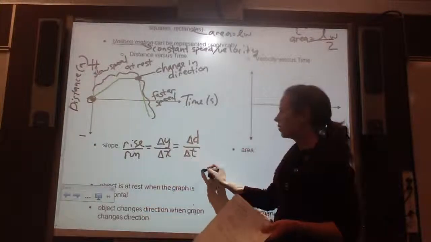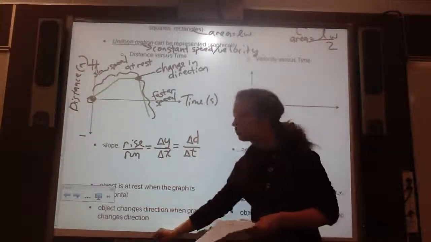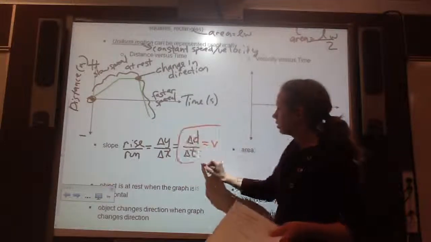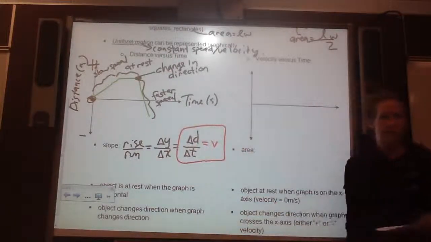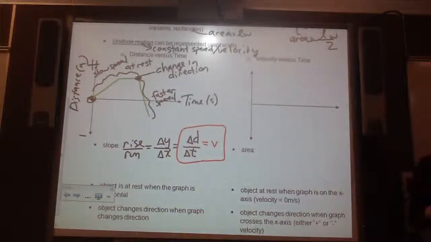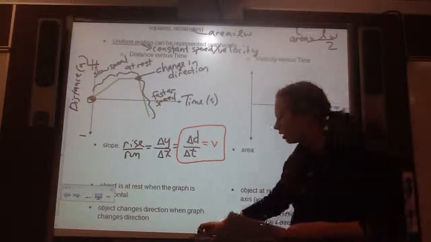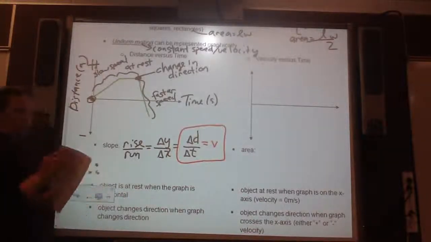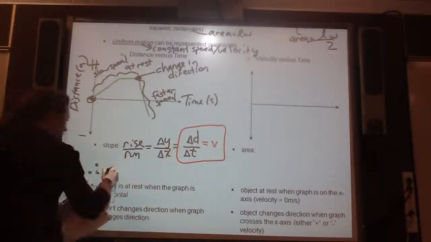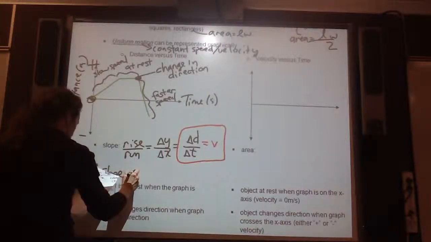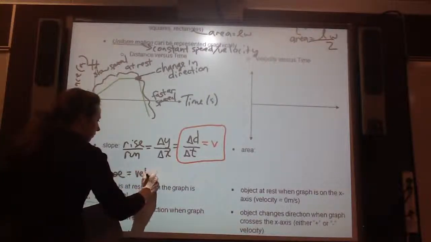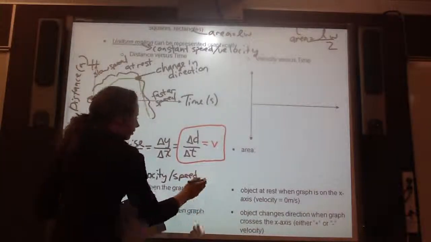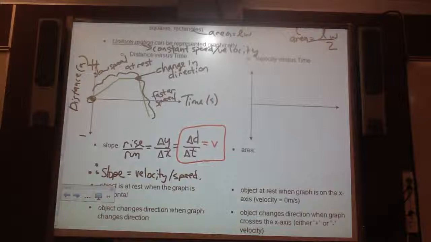What is d divided by t? That's really velocity, right? Therefore, when you find the slope of a distance-time graph, it equals velocity or speed, depending on if you're asked to give direction or not.